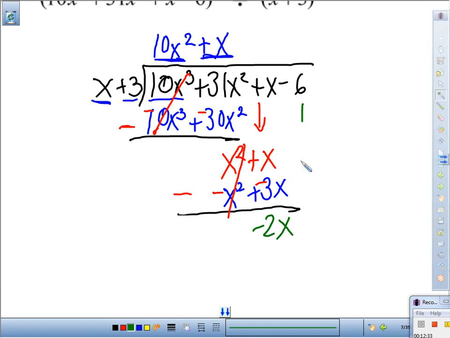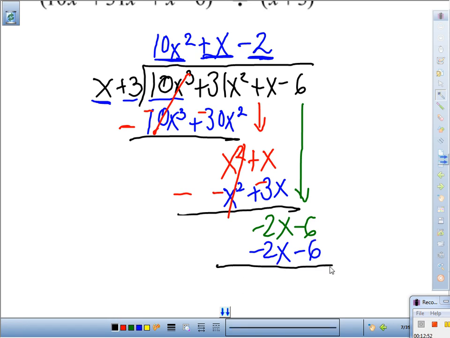We bring down the last term, and we do the process again. What number times the first term is equal to this first term? Negative 2. Negative 2 times x, negative 2x. Negative 2 times 3, that's negative 6. But we're going to do what? We're going to subtract. And Chance was asking, Mr. Q, so does that become a positive?